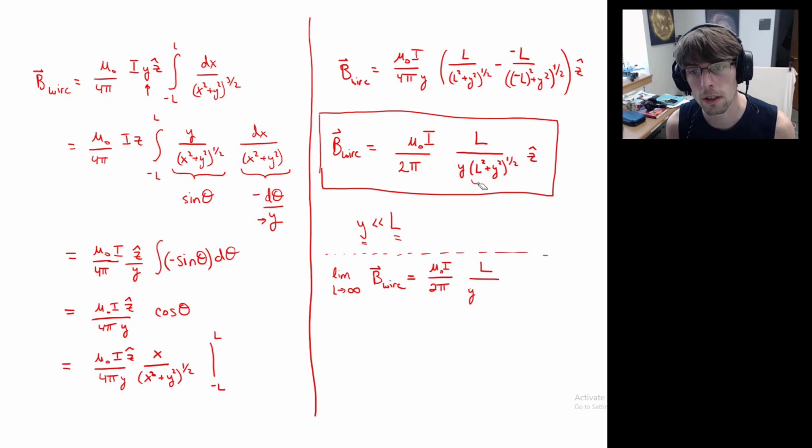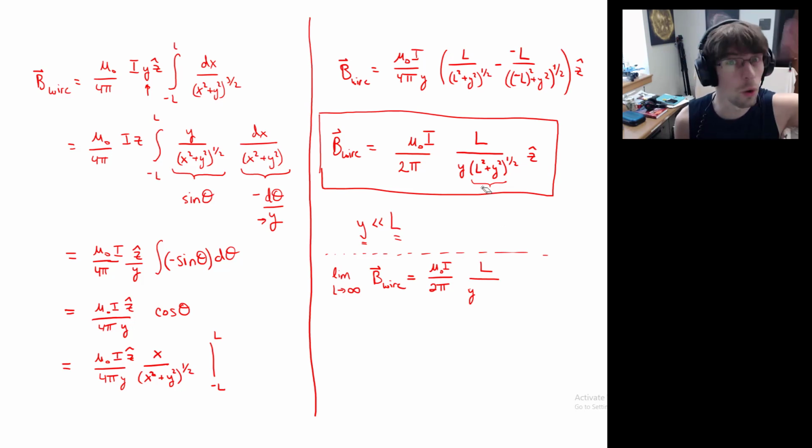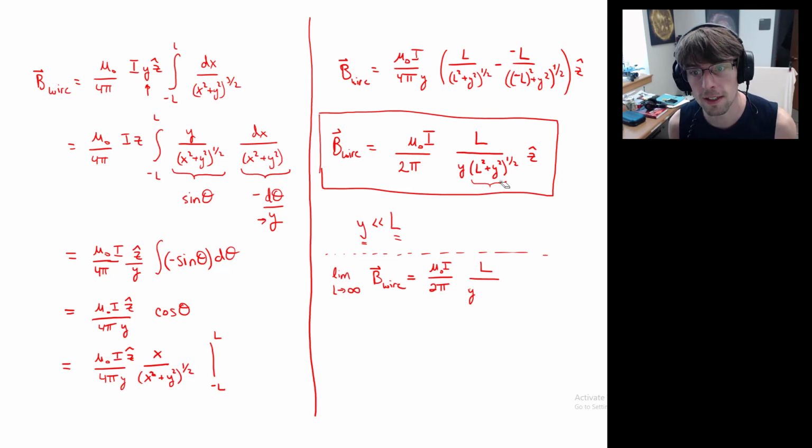Now right here, inside the square root, because L is large and y is constant, that means that I can ignore the y completely and just get rid of it. Which means that I have L squared square rooted, which means I end up with an L. And of course that z hat still sits there. That's always nice.